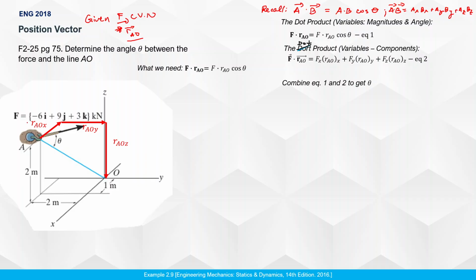Luckily, we have na yung components niya. All we need to do na lang is yung magnitude niya. We can get F by the Pythagorean theorem, using yung components: negative 6 kilonewton squared, 9 kilonewton squared, 3 kilonewton squared. F equals 3 square root of 14 kilonewton or 11.225 kilonewtons. So that's 1.